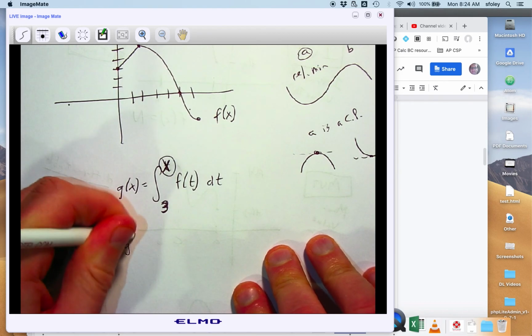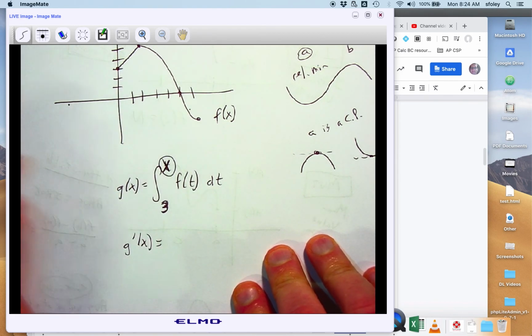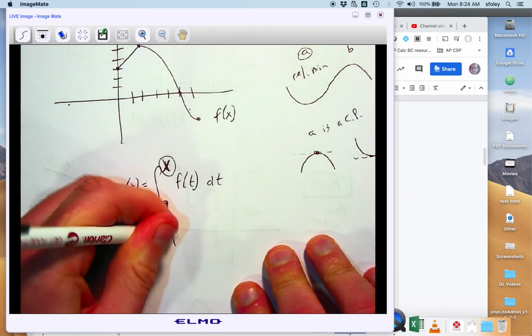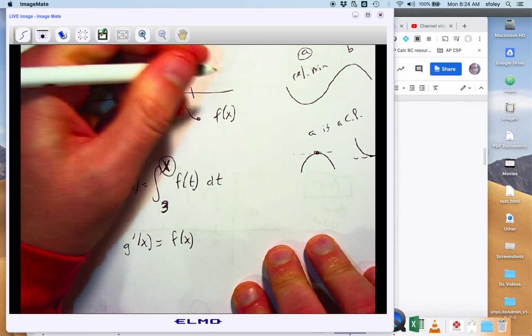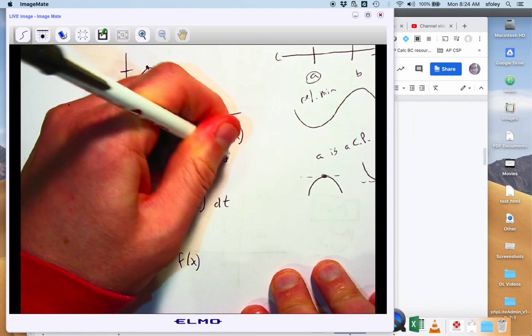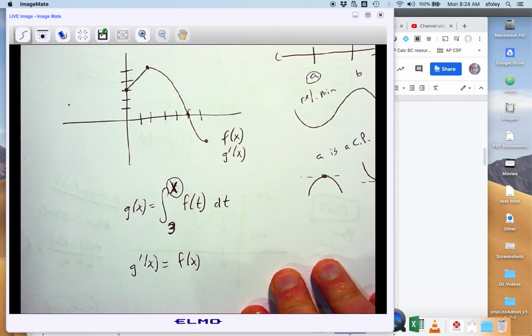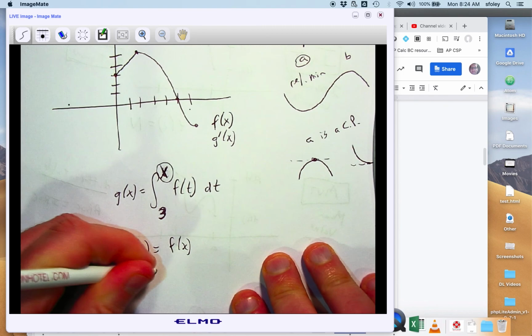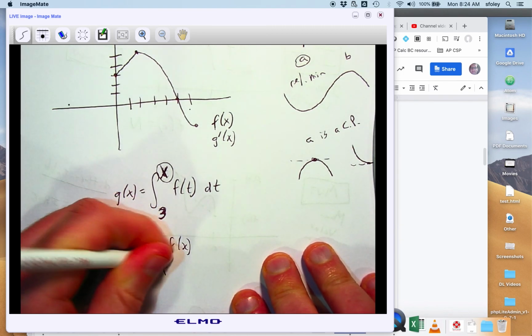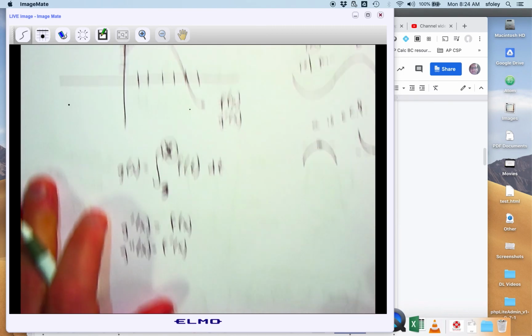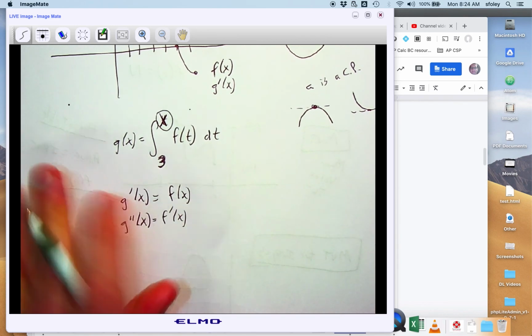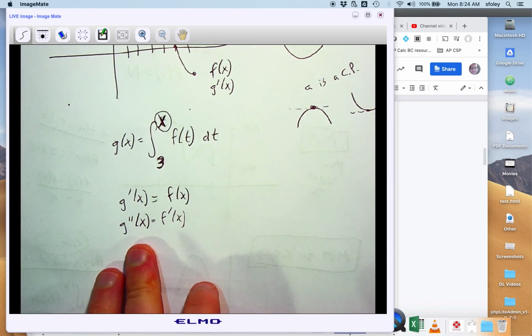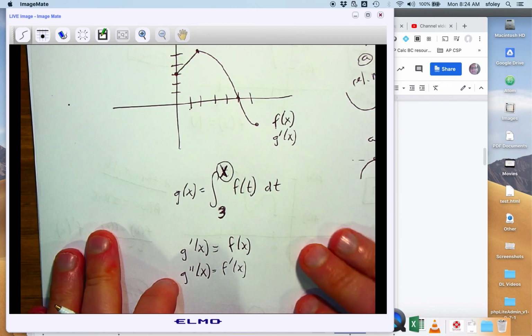So the first thing you're going to write down on your paper is, oh, I know what g prime is. It is f of x. And so this graph that I've got is f, but it's also g prime. And of course, that means if I want to know the second derivative of g, that's just the first derivative of f. And so they will now probably ask you some questions about the function g.